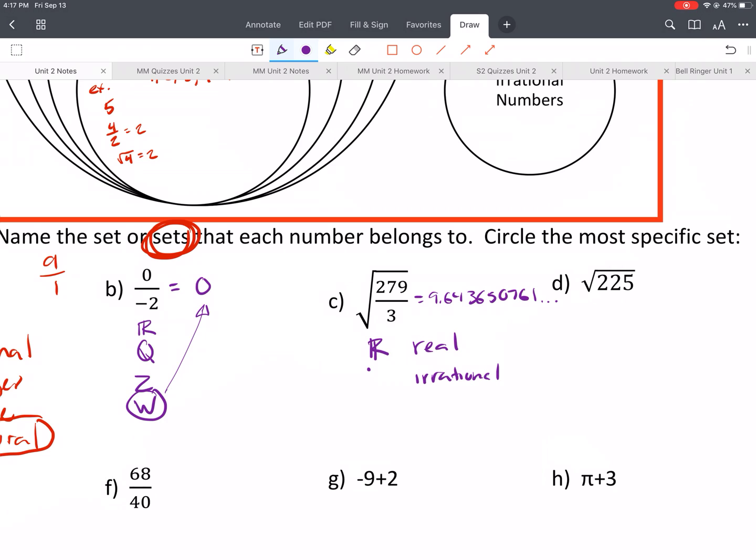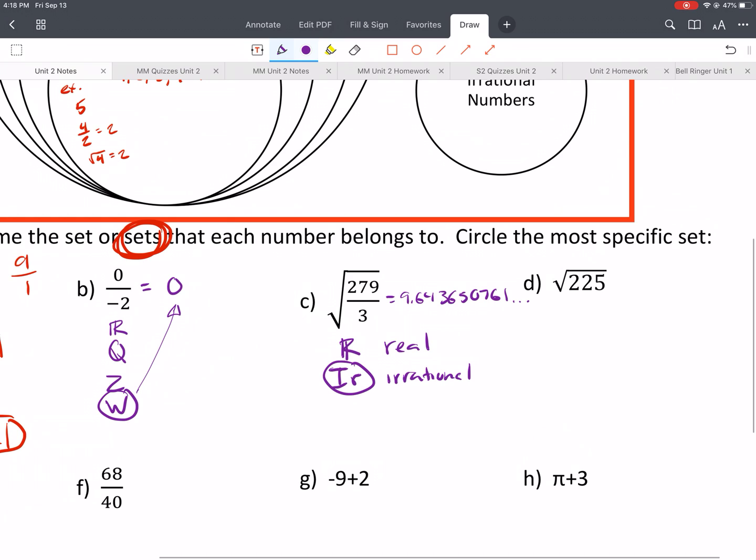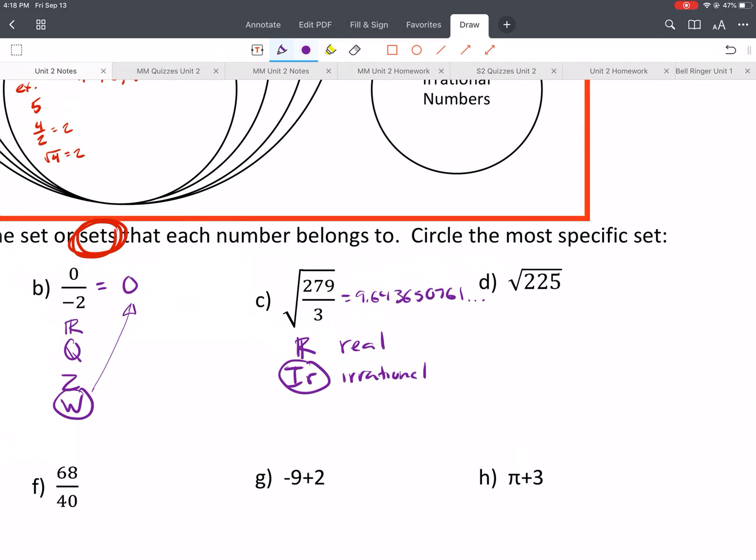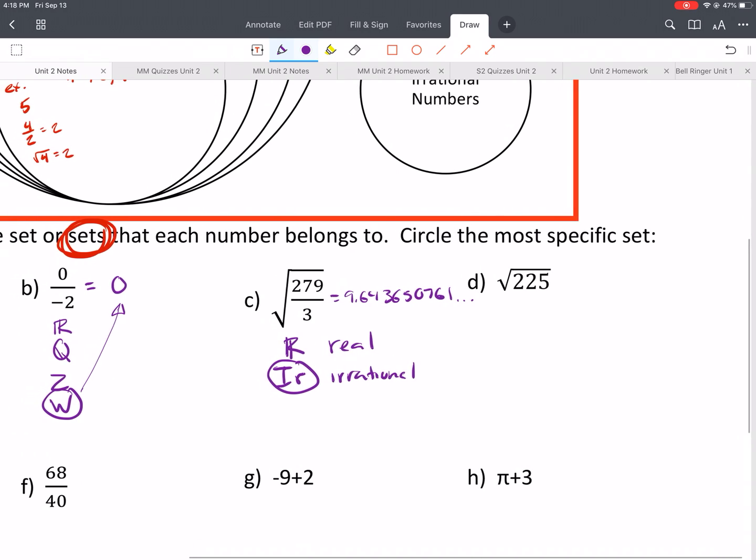It says here, I don't know if this is true, that the set of irrational numbers is expressed as the set of all real numbers minus, so R minus. But I don't know, I would maybe just do something like IR for irrational. And then we'd circle that. That's interesting.